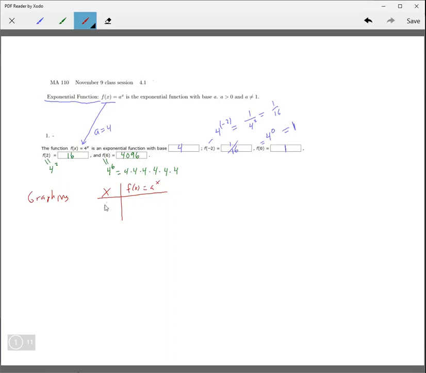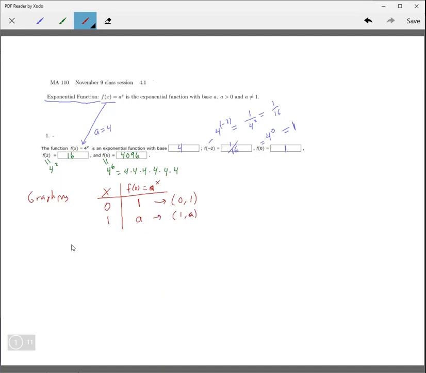There are 2 values of x that are pretty easy to do. The first one is 0, because a to the 0 is just going to be 1. And a to the 1 is going to be a. So this gives 2 points on the graph already: (0, 1) and (1, a).